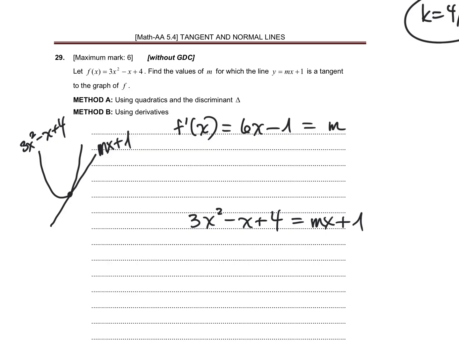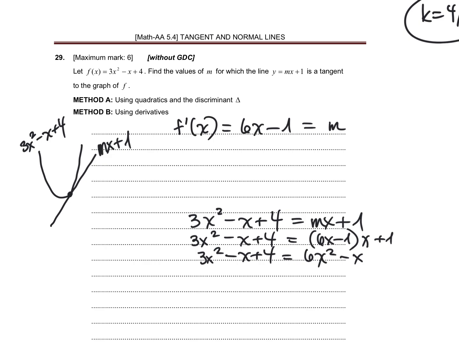So we have what m is. Okay. So m is 6x minus 1. That's the gradient. And now, if we distribute, that's 6x squared minus x plus 1 when we distribute the x. And now we're going to have this is 0, so 3x squared.